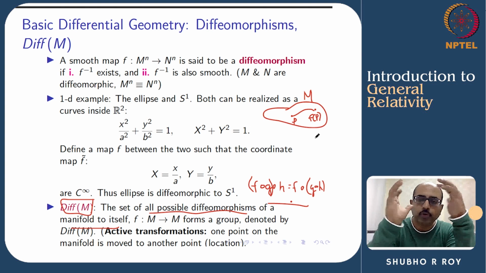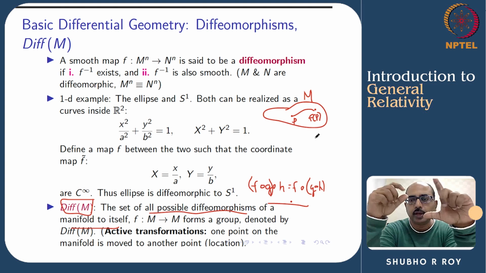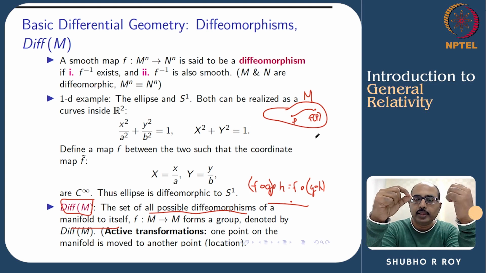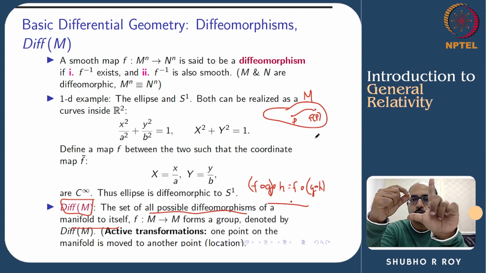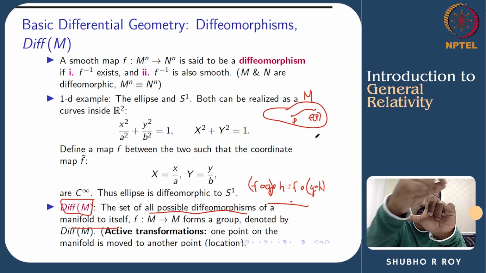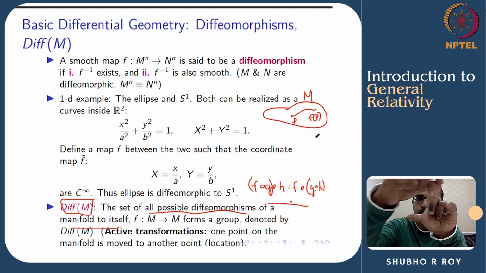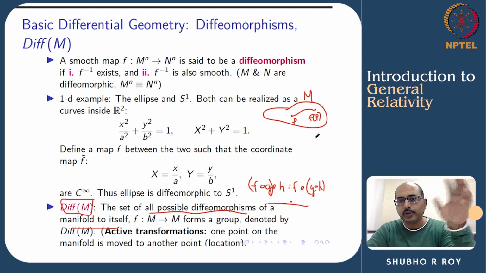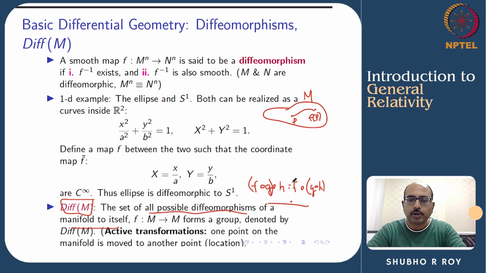For example, if you consider rotation symmetry, one is that you can keep the point same and rotate the coordinate axis, which is the passive transformation, and the other is the active transformation, in which the coordinate system remains fixed, but you rotate the point. You move the point to a rotated location. So this active way of thinking about general coordinate transformations is given by this diff of m.